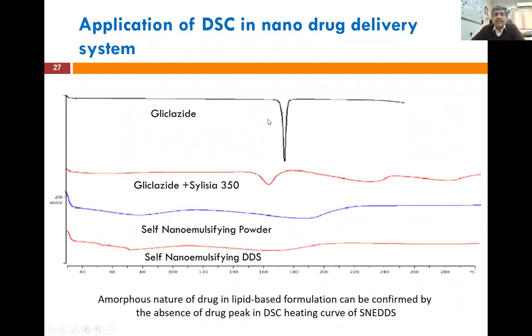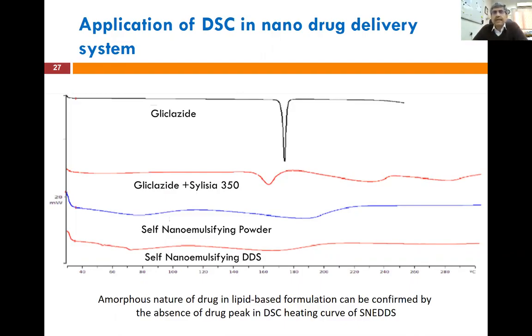Another very common application these days, since most of the research groups are working in the area of nano drug delivery systems or other enabling drug delivery systems, is the application of DSC in finding out the solid form of the API in your drug delivery system.